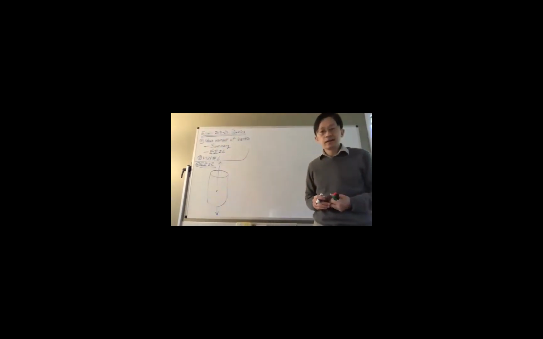Of course, the cylinder can be defined by its longitudinal axis. The cylinder has a radius of capital R. The height, not the length, is h, and the radius is capital R.